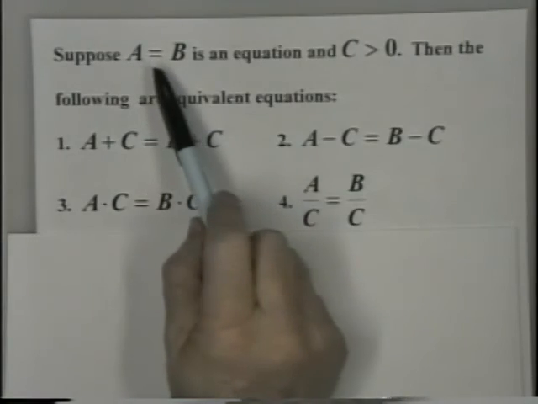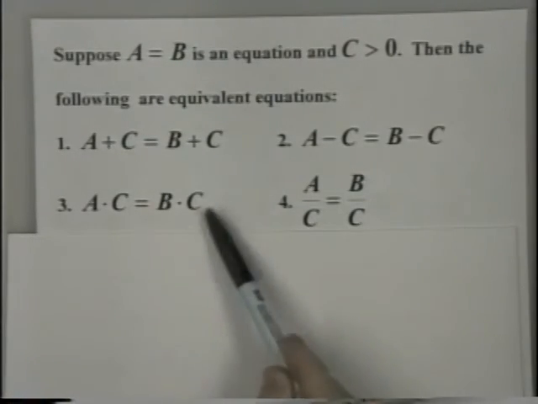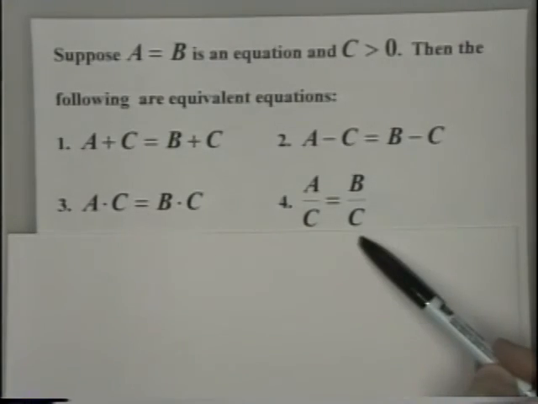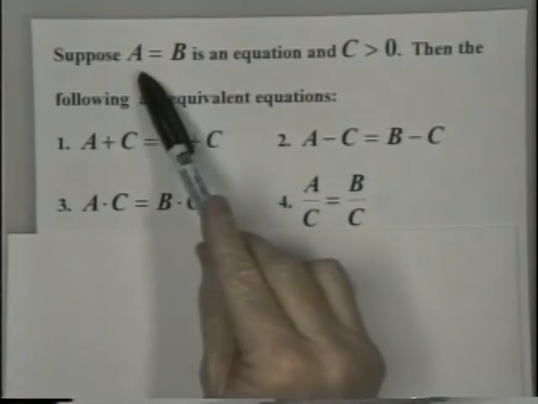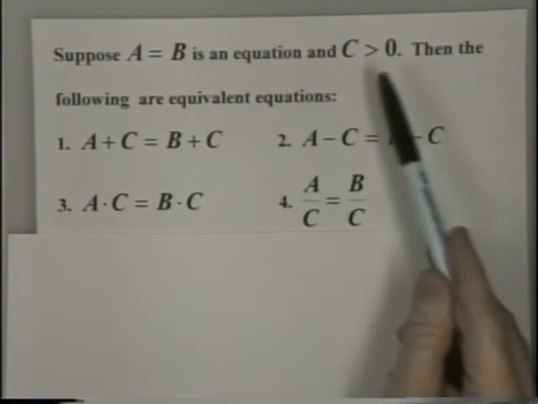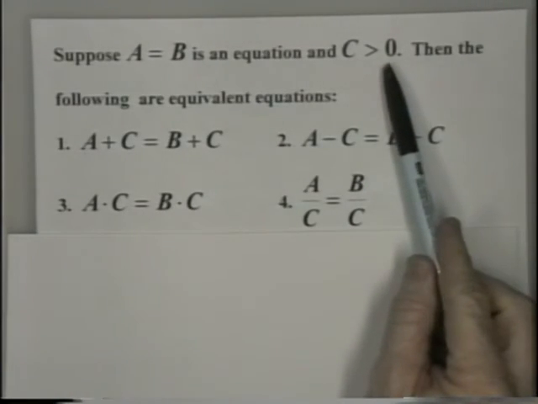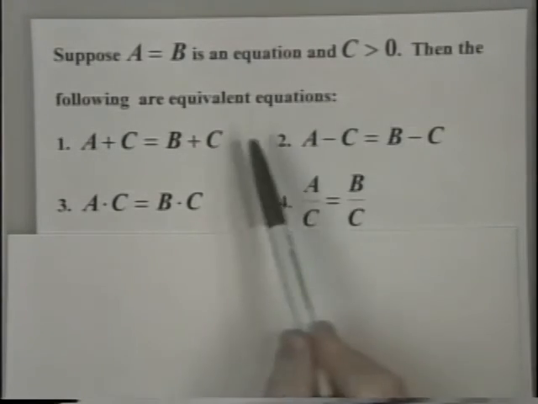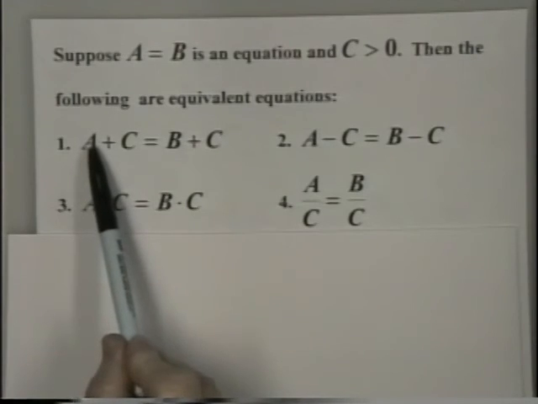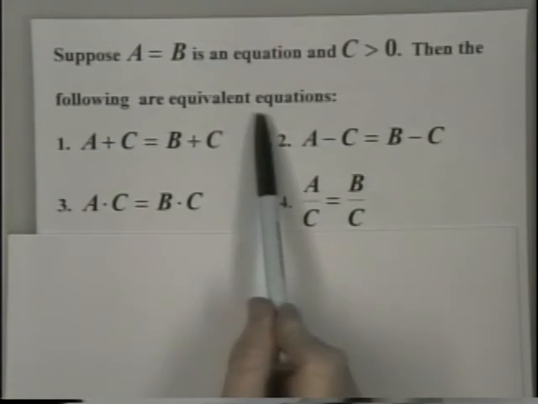I'm reminding you of the 4 things that you know how to do to manipulate an equation. If A equals B is any old equation, maybe the ones I just showed you, and C is any positive number, then we can add C to both sides of that equation and not change its solution.